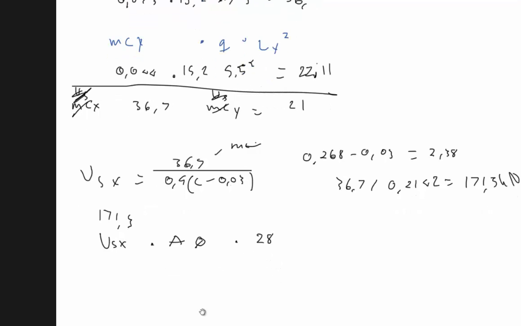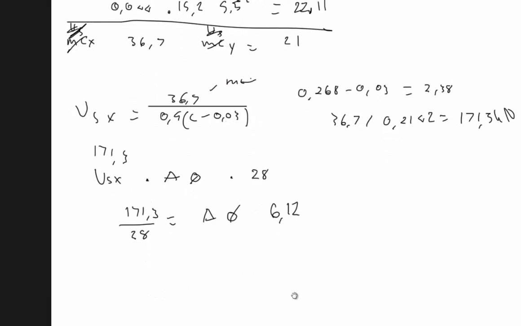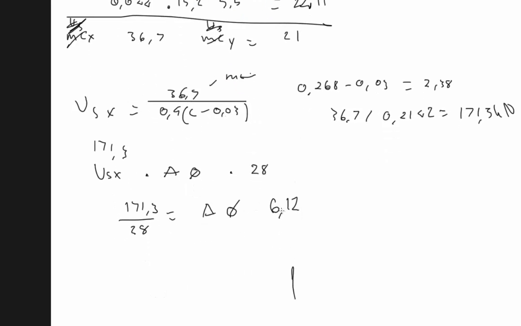So if we take 171.3 divided by 28, we get the area. 171.3 divided by 28 is equal to 6.12. That's cool. This is the area of the diameter, right?